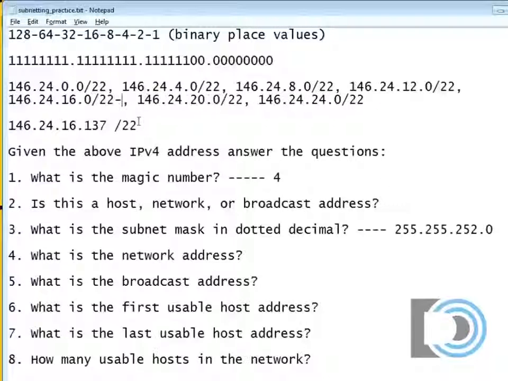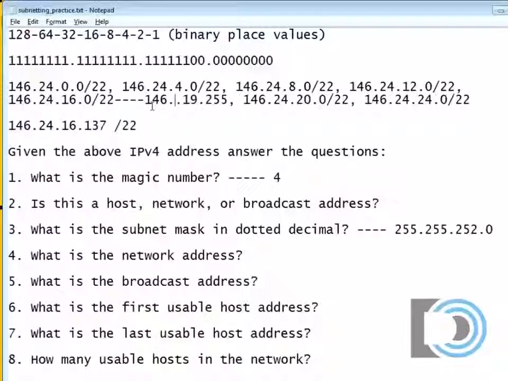The range is going to go all the way up to 19.255, 146.24.19.255. All right? Why? Because 16.137 is in between 16.0 and 20.0.